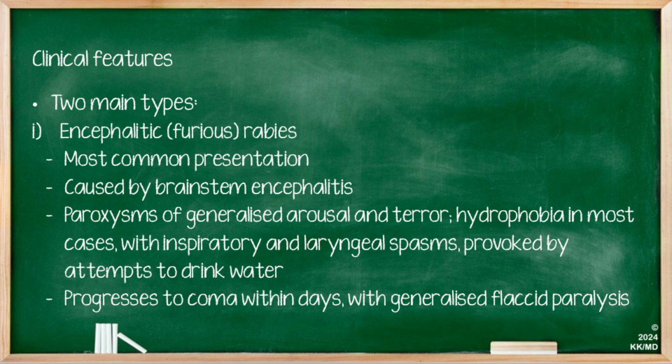This is usually accompanied by inspiratory and laryngeal muscle spasms, which are provoked by attempts to drink water. Unfortunately, in most cases, this progresses to coma within days and causes a generalized flaccid paralysis.